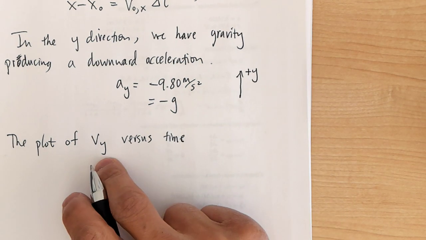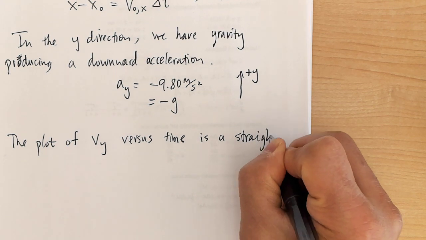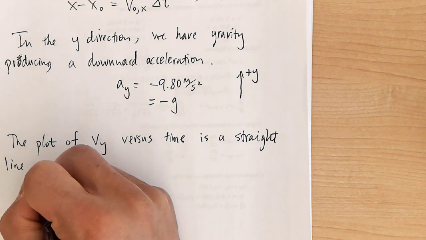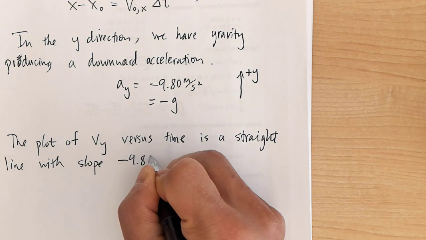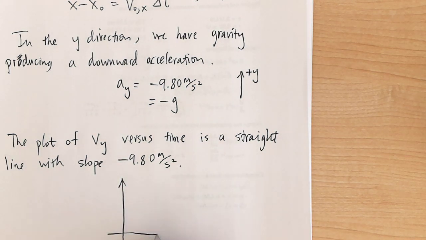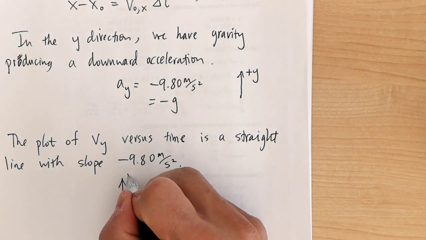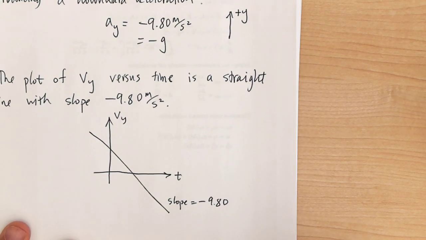So the plot of Vy versus time is a straight line with slope minus 9.8 meters per second squared. Okay, so generally it looks something like this. Vy goes like this. The slope equals minus 9.8 meters per second squared. Okay, so that's what the velocity looks like.